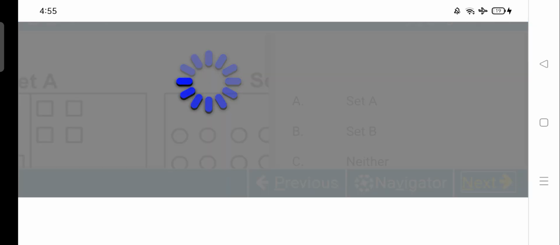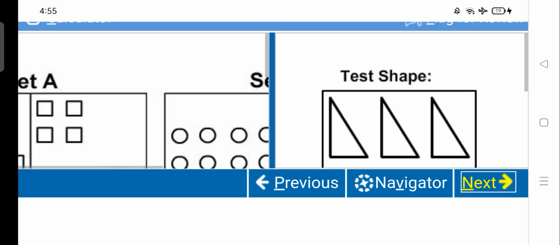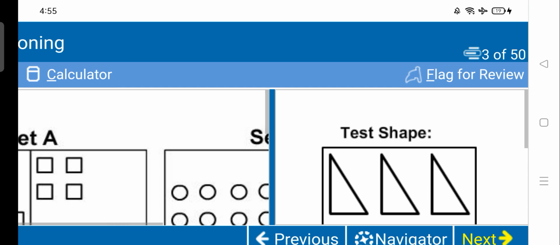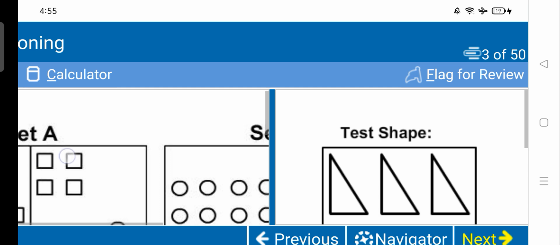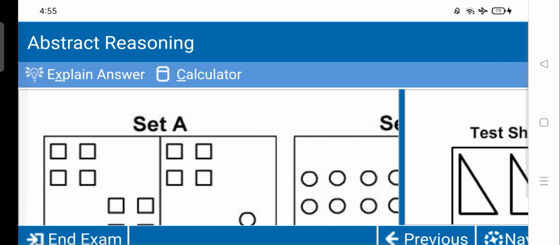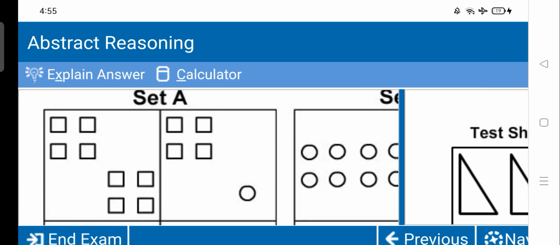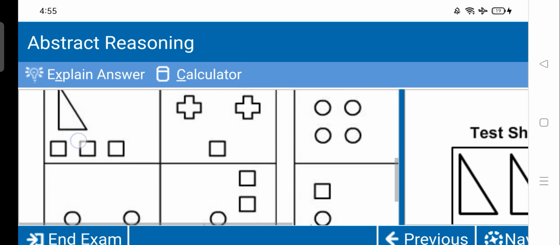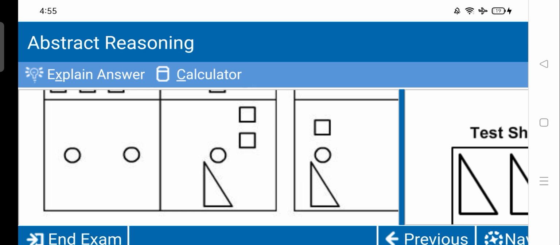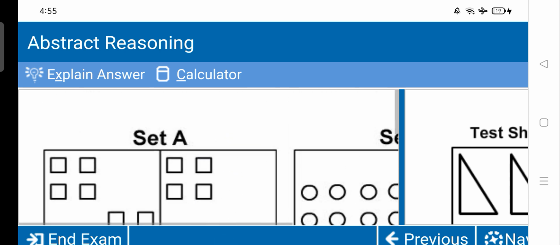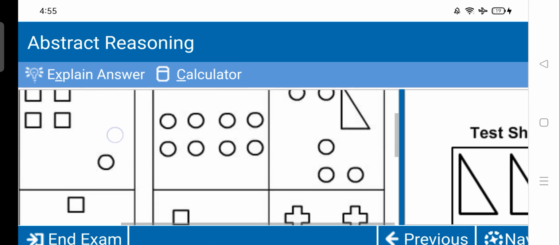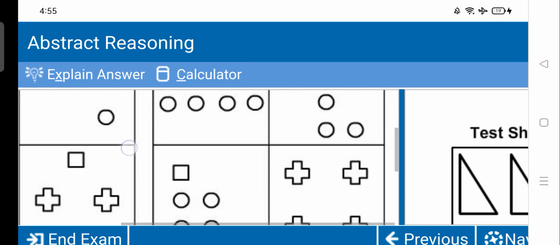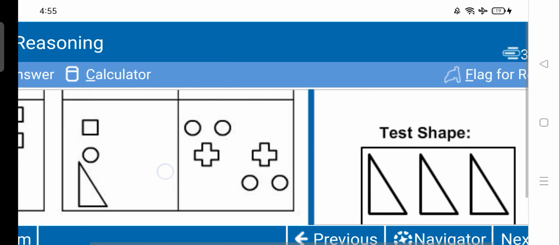Next question. Set A has these shapes: squares, crosses and triangles. Then we have set B with the same set of shapes.